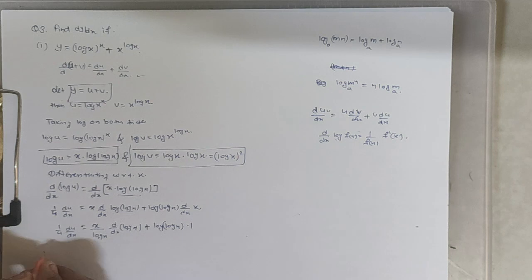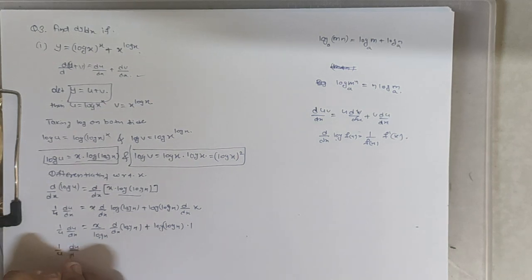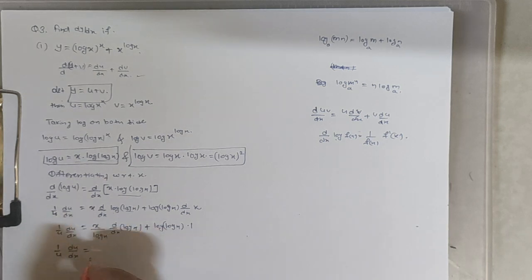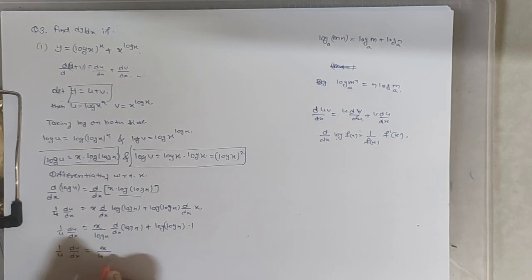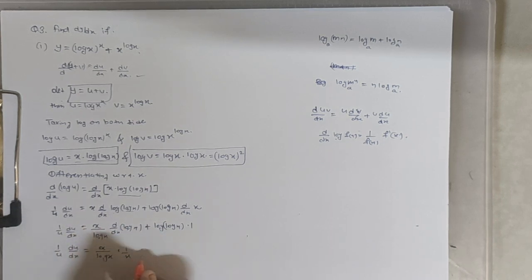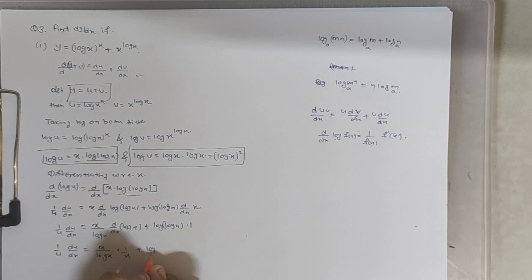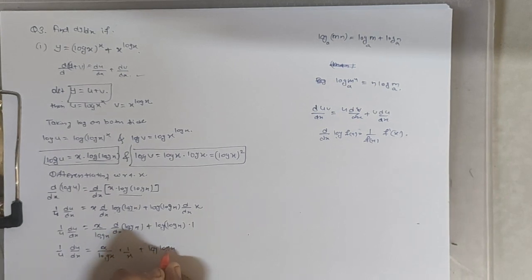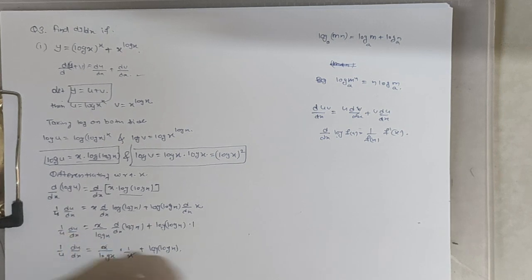So indirectly this will be 1 upon u du upon dx is equal to x upon log x into differentiation of log x, which is 1 by x, plus log of log x. Correct. So now x gets cancelled.